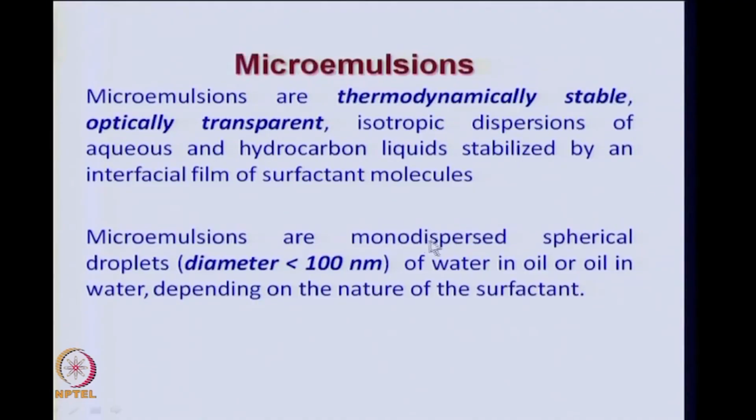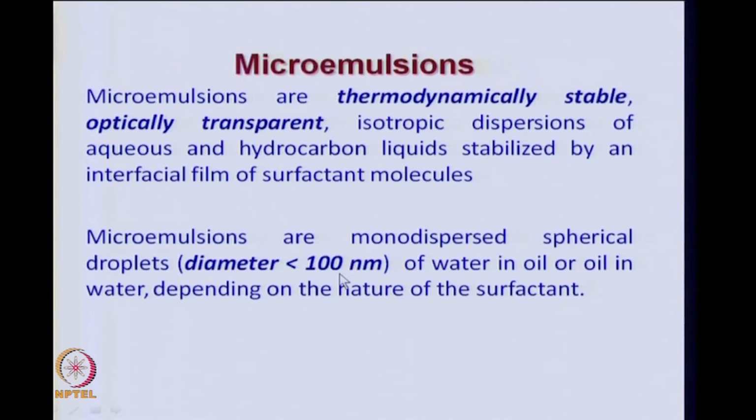These surfactant molecules which are at the interface of the aqueous and the non-aqueous medium can arrange themselves in various forms. One of the forms by which these surfactants aggregate is like a sphere, and when you form spheres which are monodispersed, then you can get microemulsion droplets, and these droplets can have either water or oil with diameters of around 100 or less than 100 nanometers.